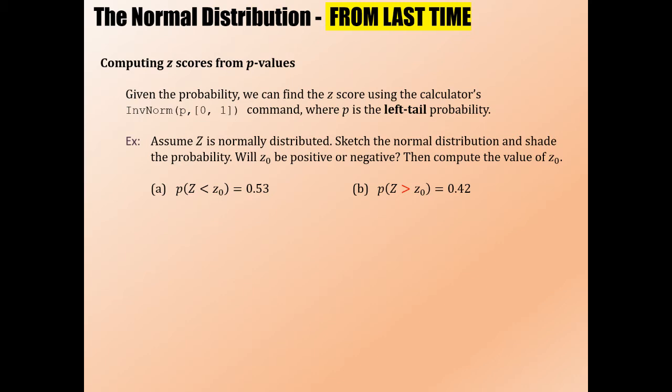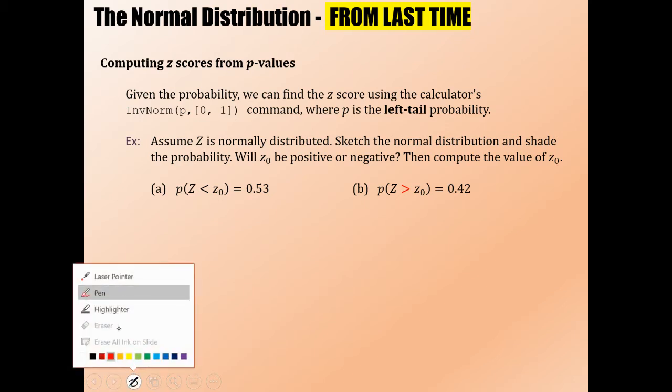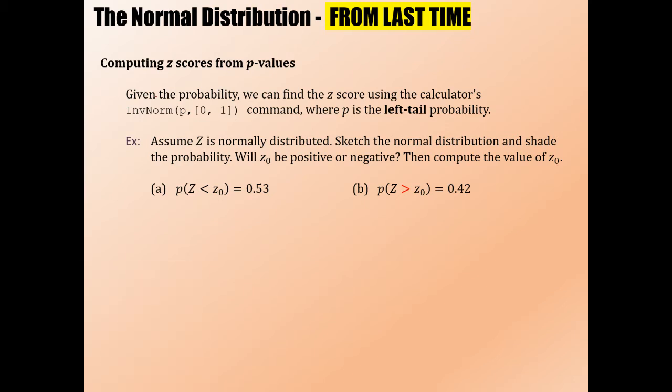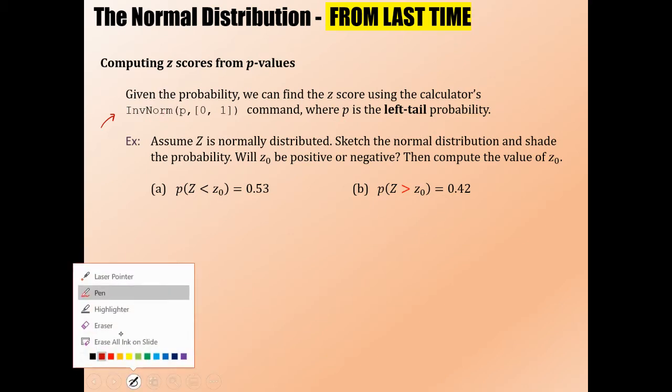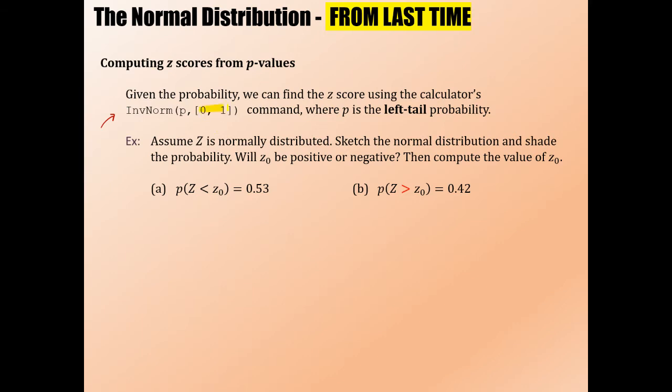So then you looked at this going the other way, right? So computing the z-scores from the p-value. So given the probability, find where does this fall on the normal distribution, right? And as with many operations that you've done, when you go backwards, we're using the inverse, right? So it's the inverse norm of the probability. And again, you don't need to worry about this, right?